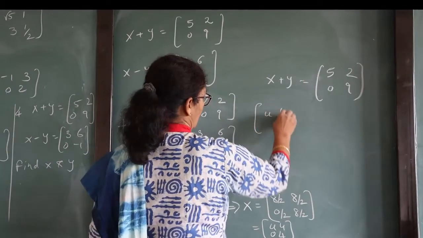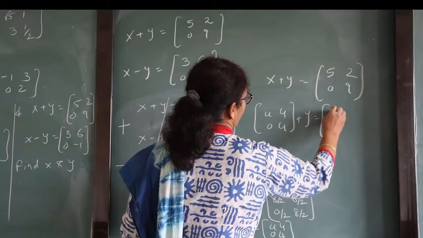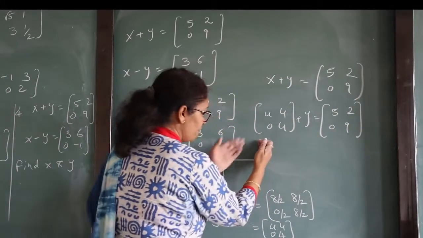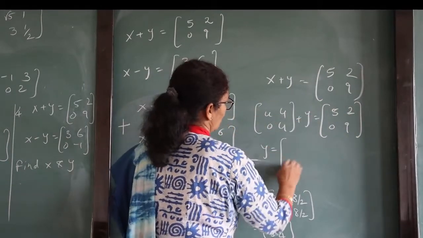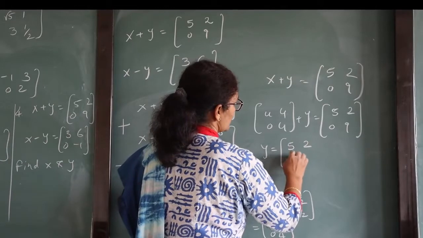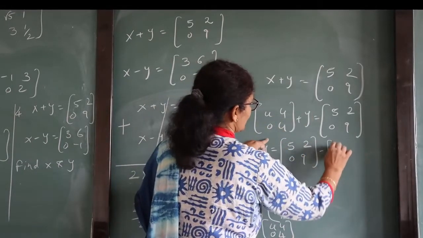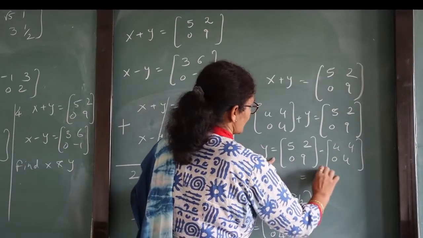So 4, 4, 0, 4 plus Y equal to 5, 2, 0, 9. Now we can shift the full matrix to the side of the first matrix. So what you get? 5, 2, 0, 9. When you shift this matrix, your sign will be changed and it becomes minus. So now just subtract it.